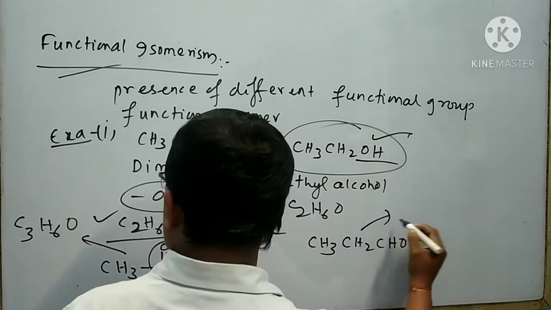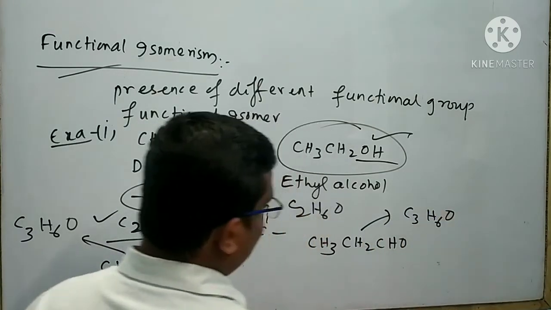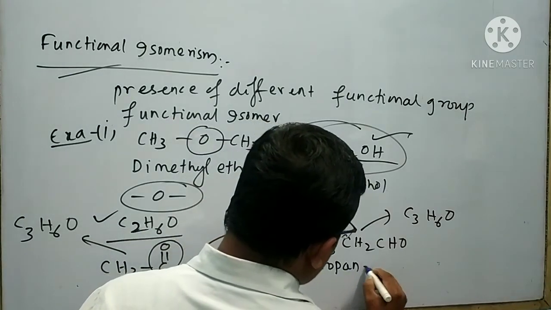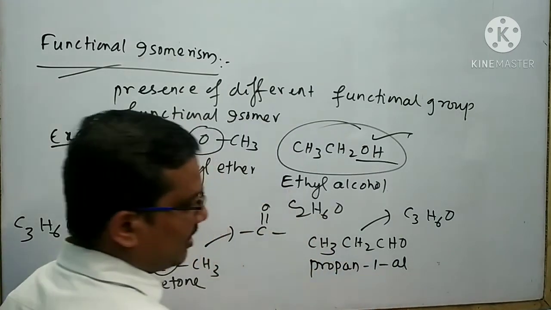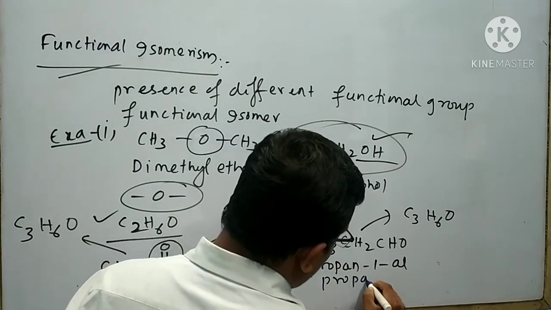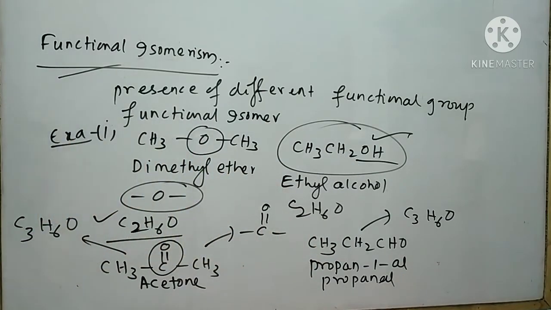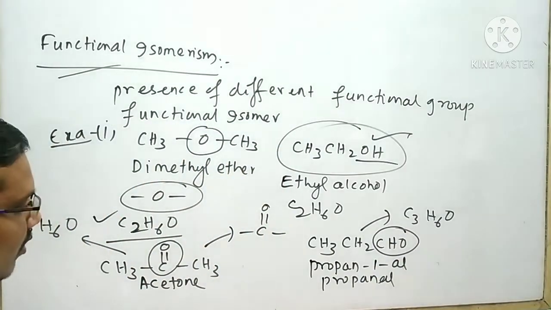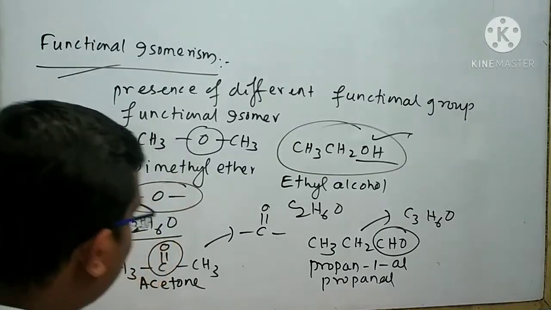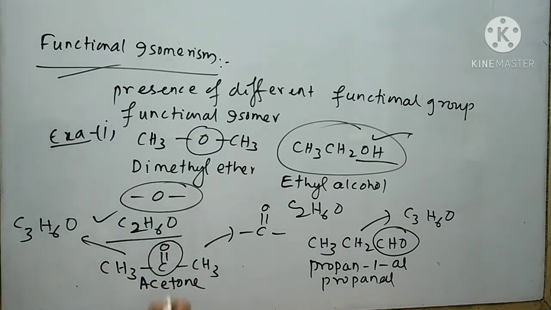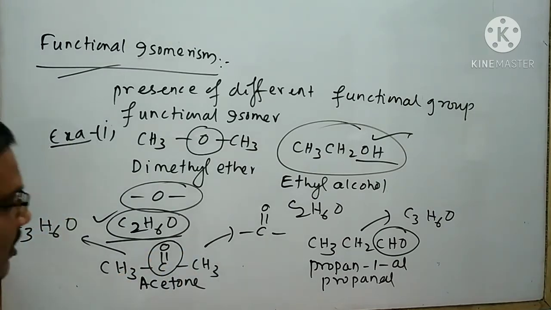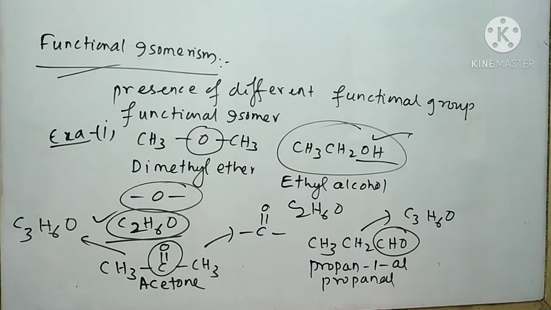This organic compound has the formula C3H6O. The name of this organic compound is propan-1-al. It is simply called propanal. Look at that, here the aldehyde functional group is present. From these two compounds it is clear that these two compounds have the same molecular formula but they are different in the functional group. So these two compounds are said to be functional isomers of each other.